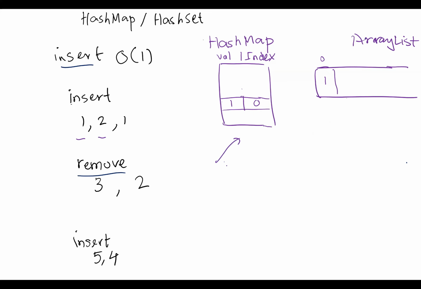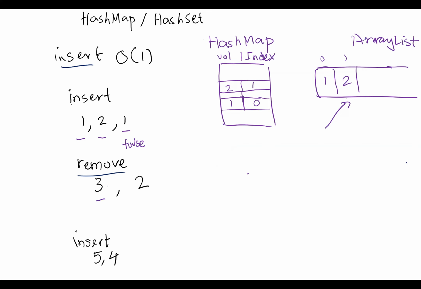So in order of one time, I ask, hey, is 2 there? It says no. So it just goes here and adds 2 at the end of the array list. This is also done in order of one time, and then I add it here, say at index 1, okay? Yep, next 1. So I go and check, hey, is 1 there? In order of one time, it says yes. So I don't add this. This time I return false.